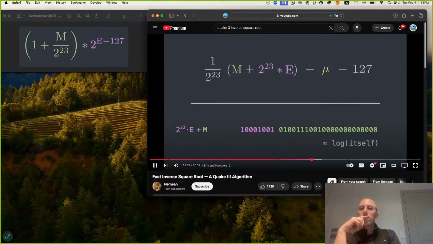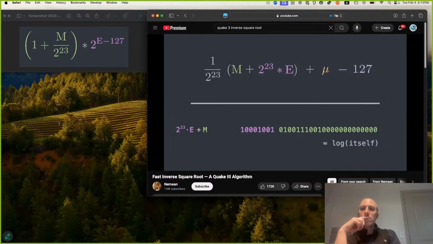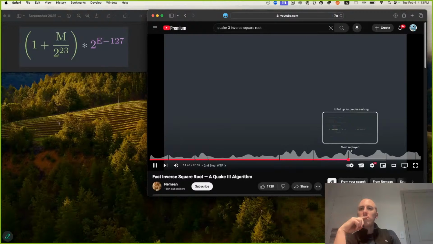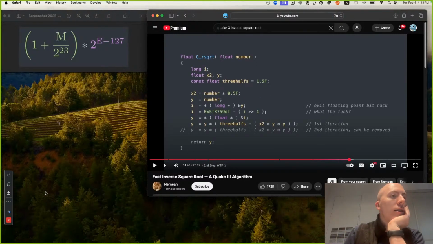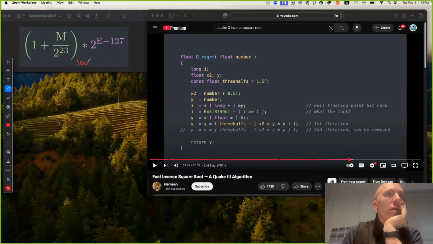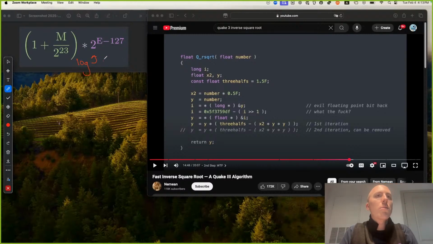Armed with this knowledge, we can finally start with the 3 steps of the fast inverse square root. Just recall that the log of this thing is approximately equal to the exponent part of y plus mu minus 127.